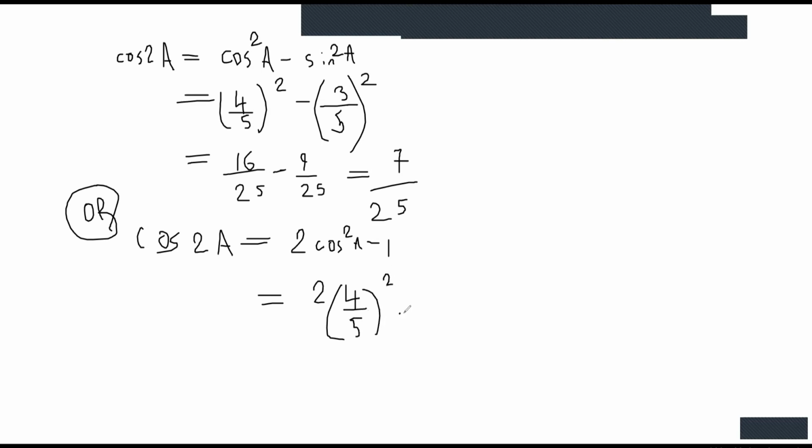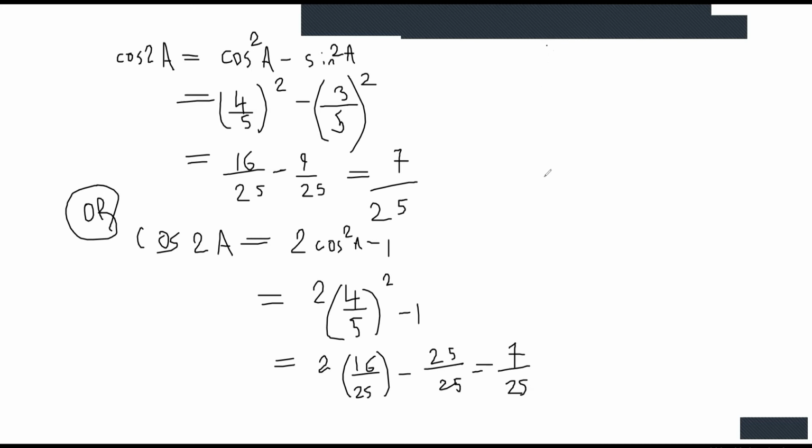And look how beautiful. 4 squared is 16, over 5 squared is 25. So that's 2 times 16 over 25, then minus 1. To write minus 1, I'm going to write 25 over 25 because I can't be bothered to use a calculator. 2 times 16 is 32. 32 minus 25 is 7 over 25. So that's another way you could have done it.